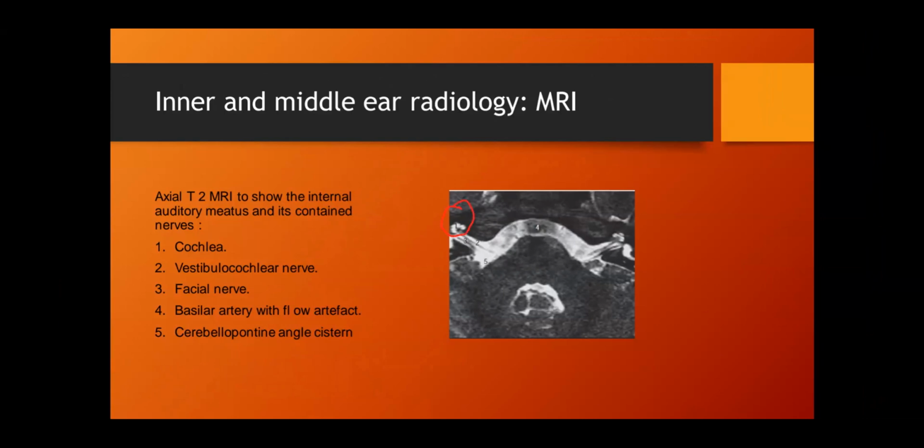Number two, the vestibulocochlear nerve, and the facial nerve, number three, and number four. This is the basilar artery. Number five, we are seeing the cerebellopontine angle cistern.